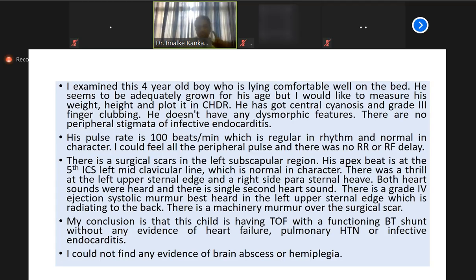And there is a machinery murmur over the surgical scar. So my conclusion is that this child has congenital cyanotic heart disease, highly likely tetralogy of Fallot, with a functioning Blalock-Taussig shunt, without any evidence of heart failure, pulmonary hypertension, or infective endocarditis. I could not find any evidence of complications like brain abscess or hemiplegia.